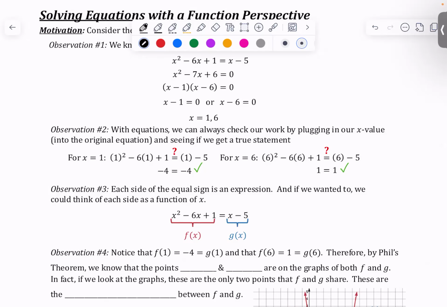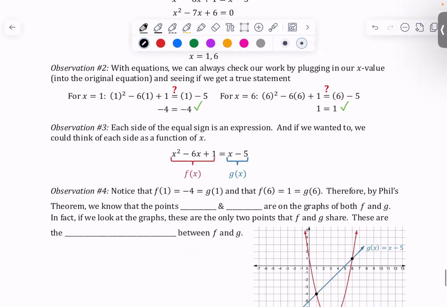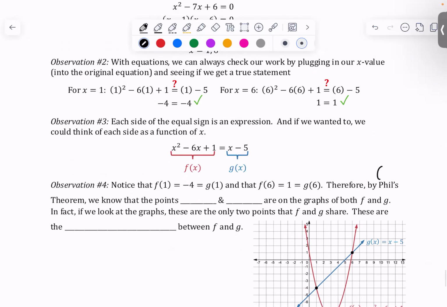So we know that the points, by my theorem, remember that important fact: if f of a is equal to b, then the point a comma b is on the graph. This theorem says f of a equals b if and only if a comma b is on the graph.